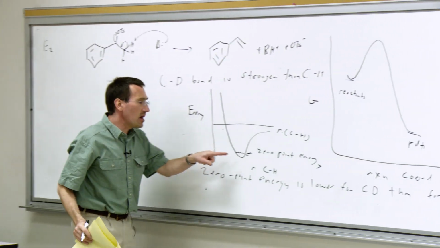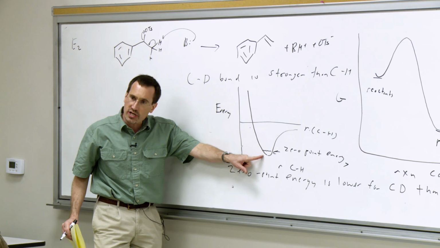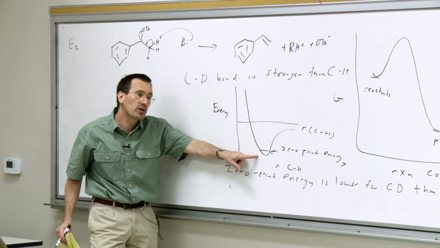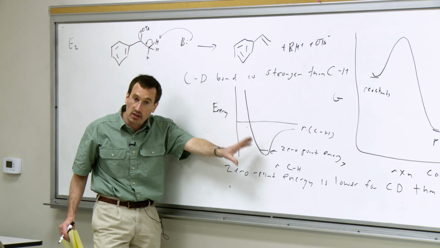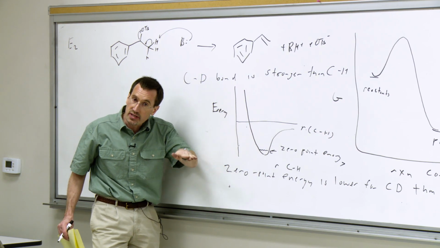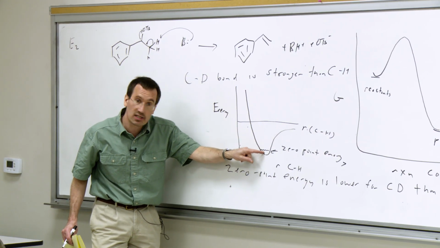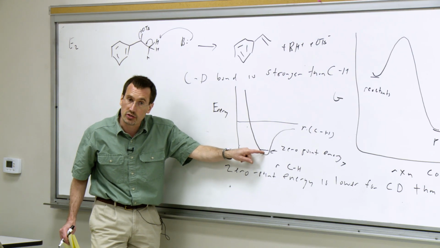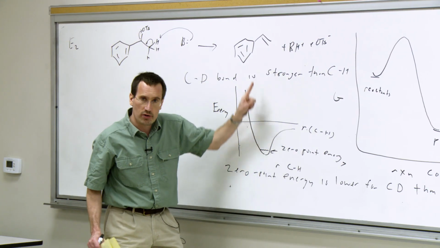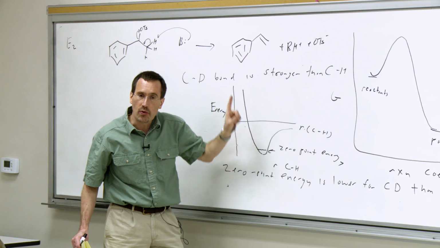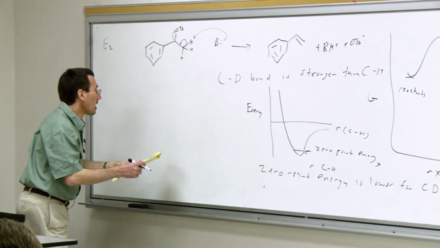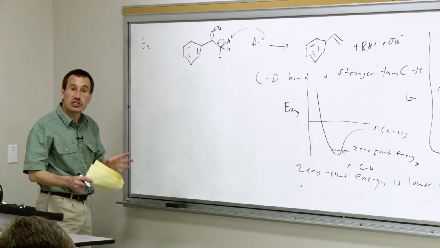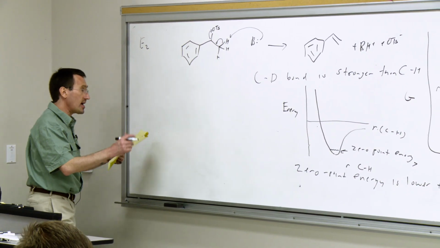Put simply, you have the same energy curve, but due to quantum effects, the CD bond sits lower in that well in energy. And as a result, when you're breaking the bond, you have to put in a little more energy. And that energy translates to up to 8-fold in rate.